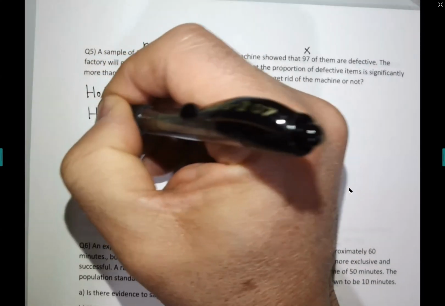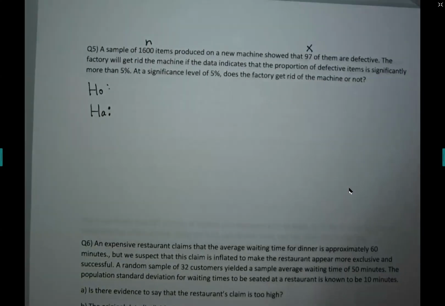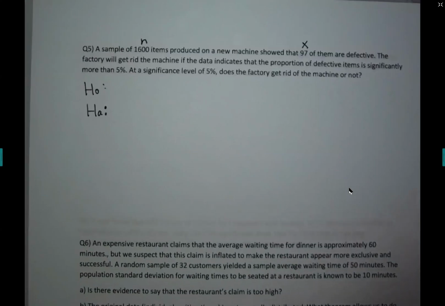That's a very good question, guys. You're deciding if the machine is broken or not. You need to make a decision. Can you tell me what the null and the alternative hypothesis will be? They're saying they will get rid of the machine if the percent of defective items is more than 5%.